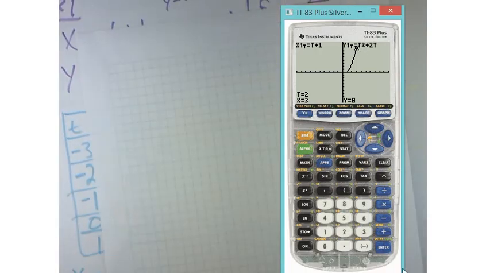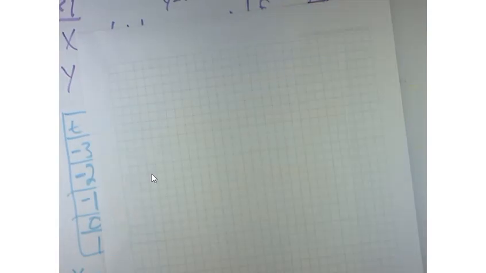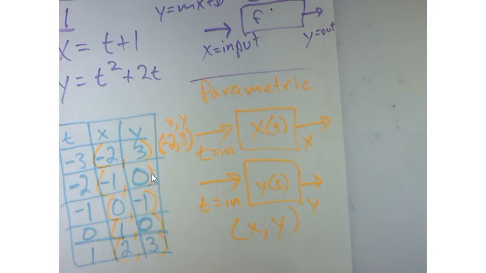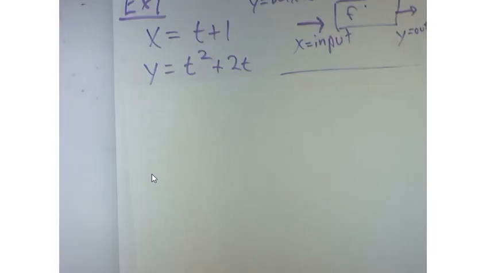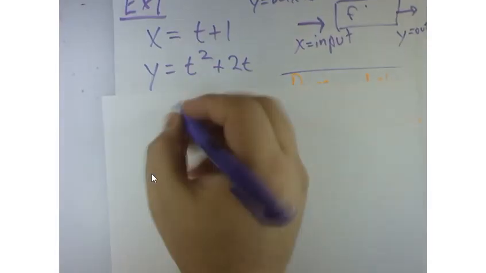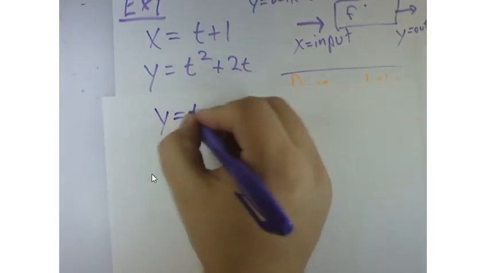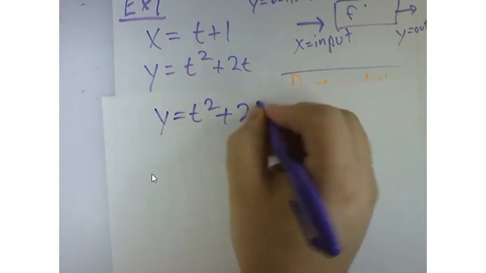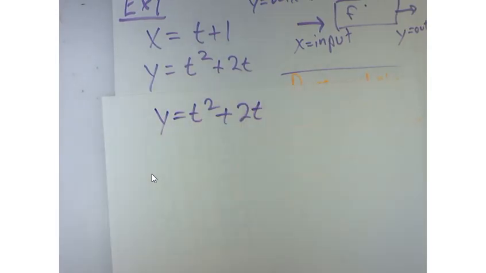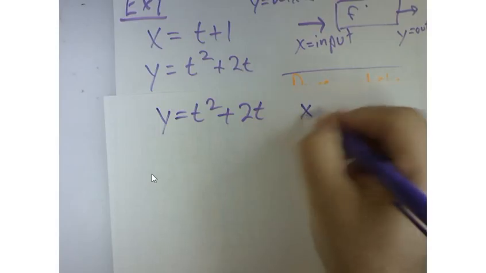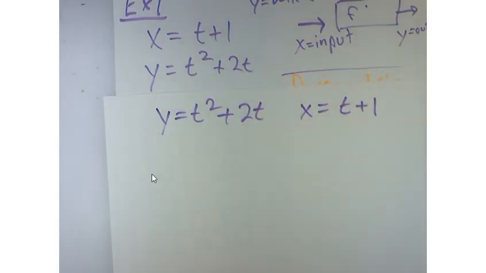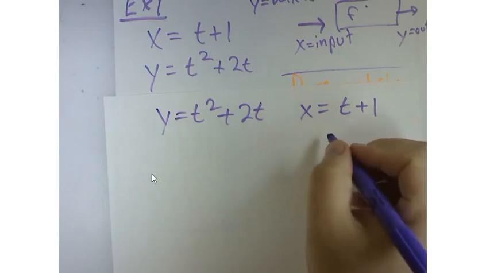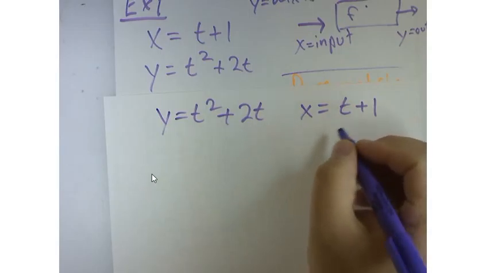Well, what I'm going to do is grab the right paper and start with these two equations. So if I start with, say, y is equal to t squared plus 2t, and I have that x is equal to t plus 1, this is simple. What I'm going to do is I'm going to plug one equation into the other.